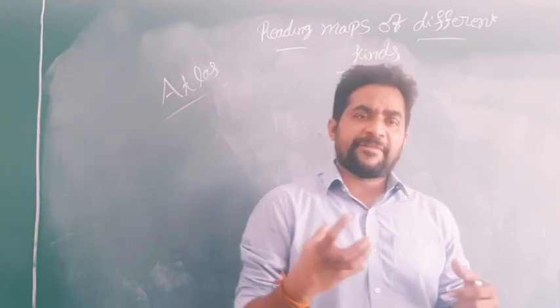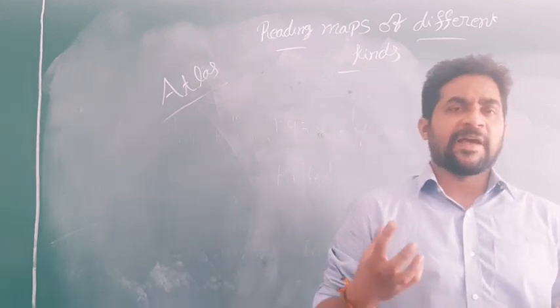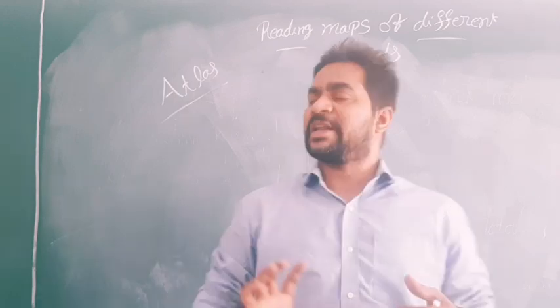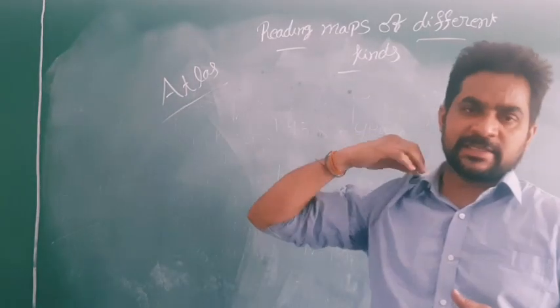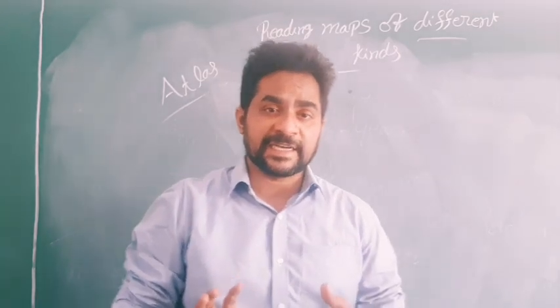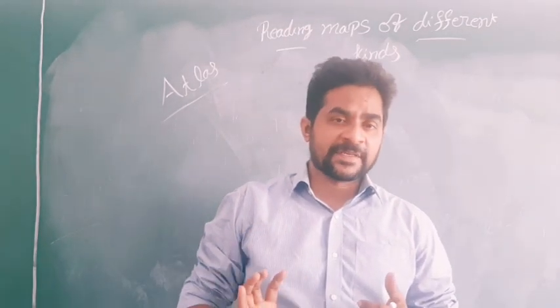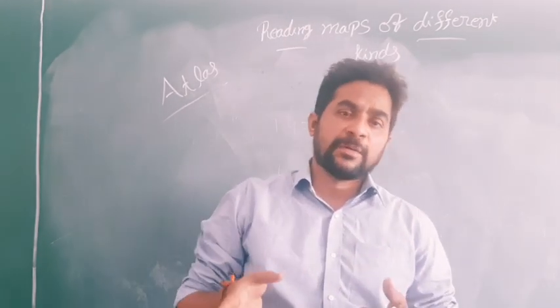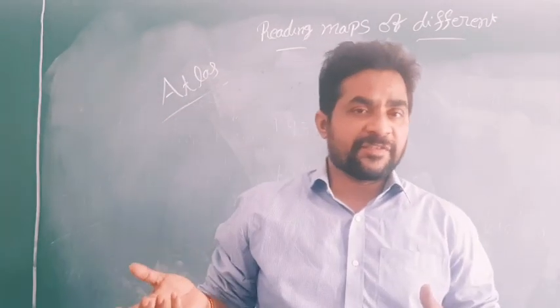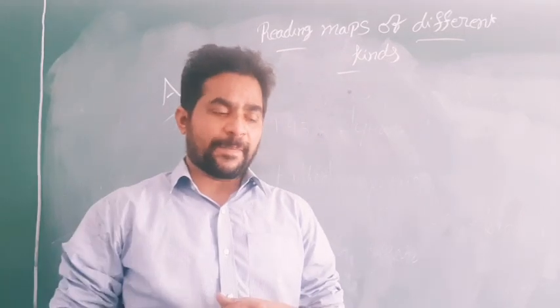Almost every country, every place in the world you can find in the book of atlas. So an atlas means a book consisting of a group of maps based upon physical, political, historical and also some different types of thematic maps.